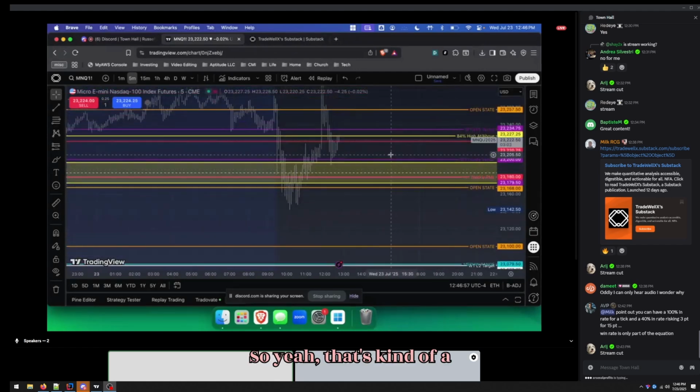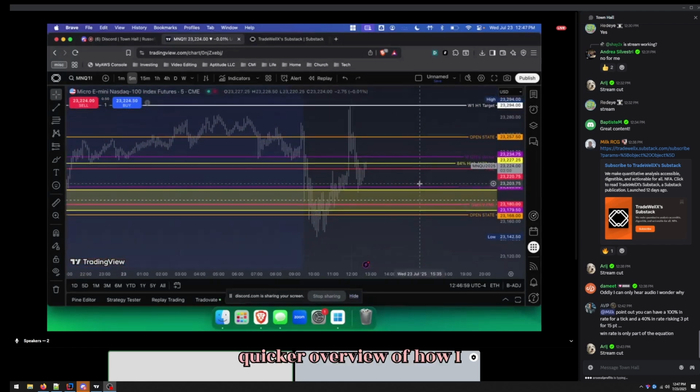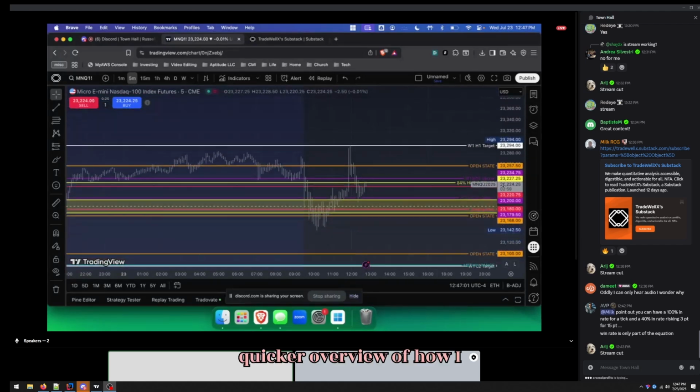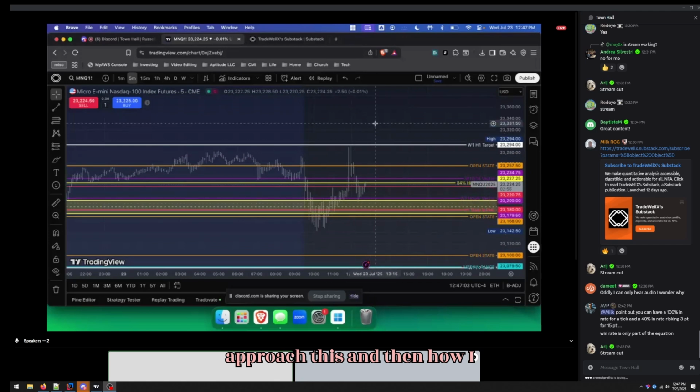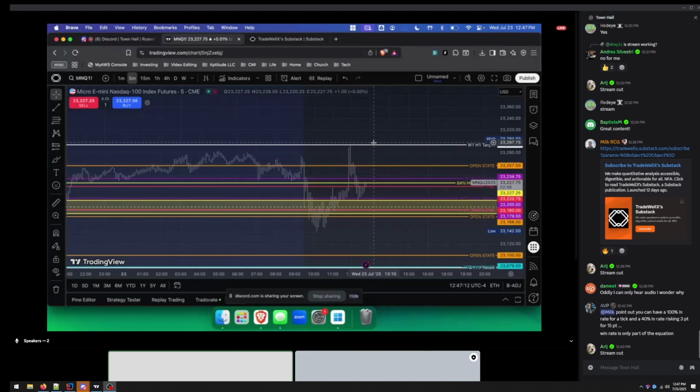So yeah, that's kind of a quicker overview of how I approach this and then how I allow the market to tell me what I need to pay attention to now. I mean, I'm not trading every second that the market is open. I take positions and then allow the market to continue to tell me what's happening.